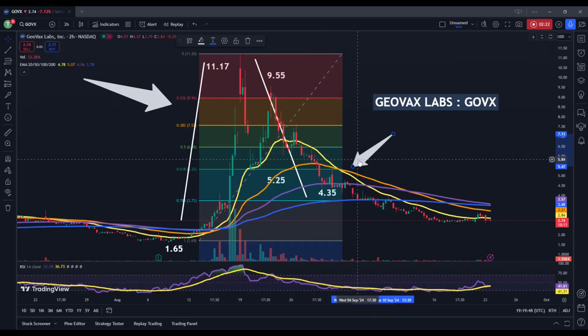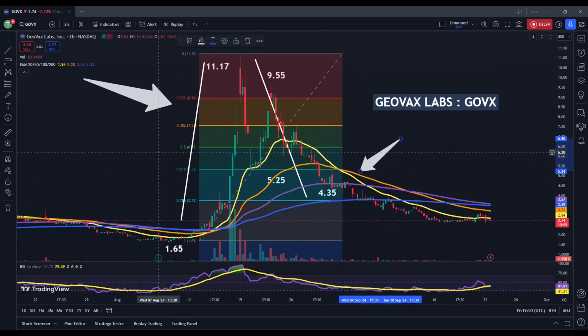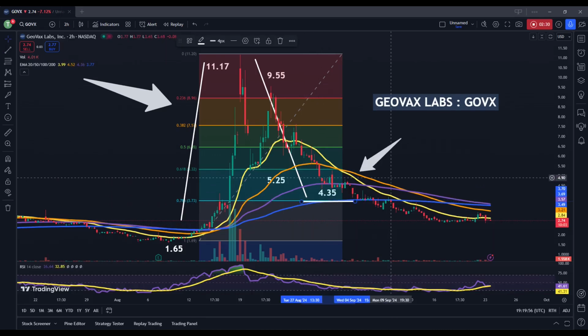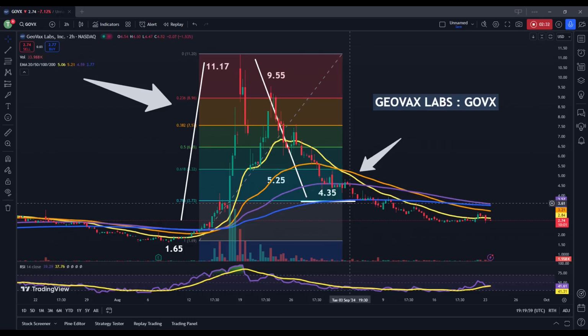The reason that I said $3.70 specifically was that this is where the 78.6% Fibonacci retracement zone currently rests. And in addition to that, we also have some historical support as well as exponential moving average support.